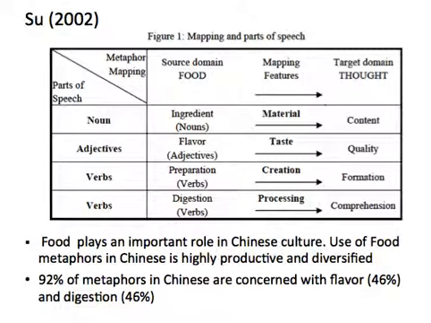Food plays an important role in Chinese culture. So the use of food metaphors in Chinese is highly productive and diversified. And 92% of the metaphors in Chinese are concerned with flavor, okay, lots of adjectives, and digestion, okay, lots of verbs.